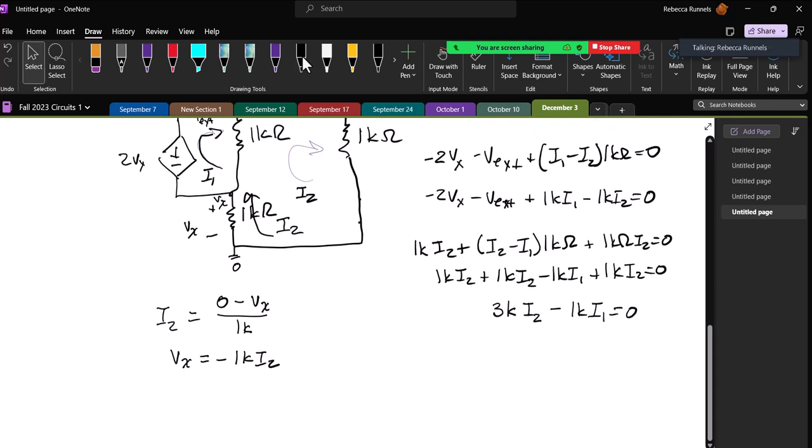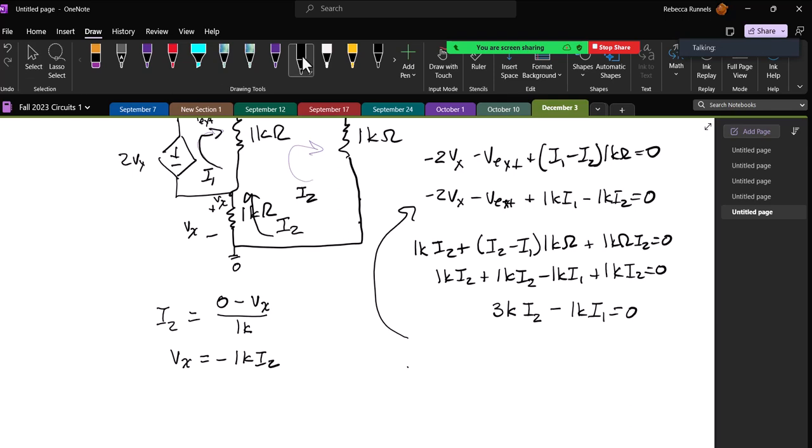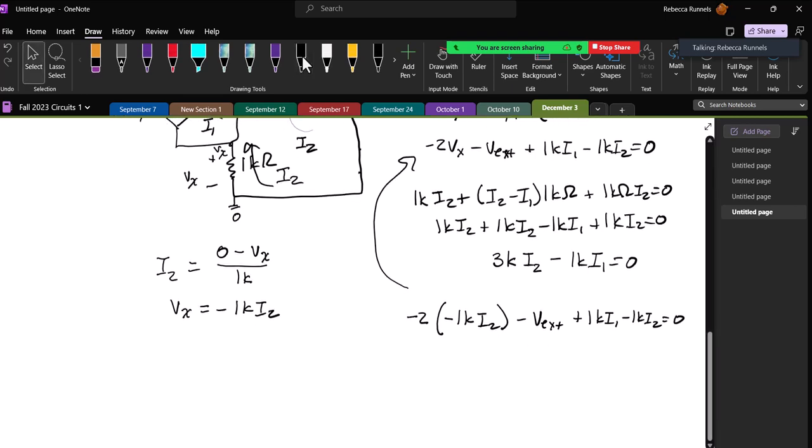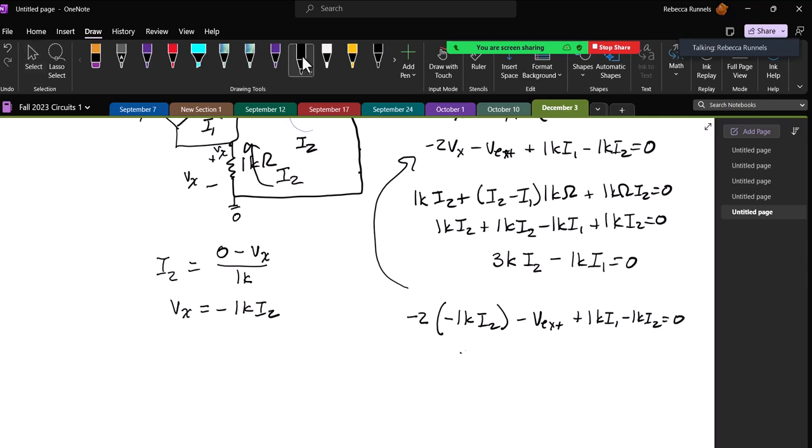So I can plug that into this one, and I get minus 2 times minus 1k I2 minus V external plus 1k I1 minus 1k I2 equals 0. This is plus, negative 2 times negative 1 is positive 2.